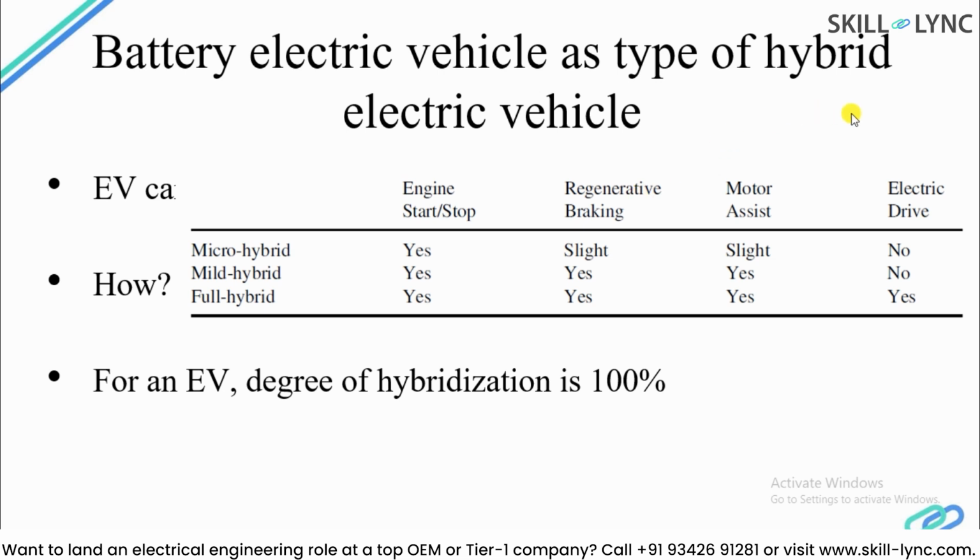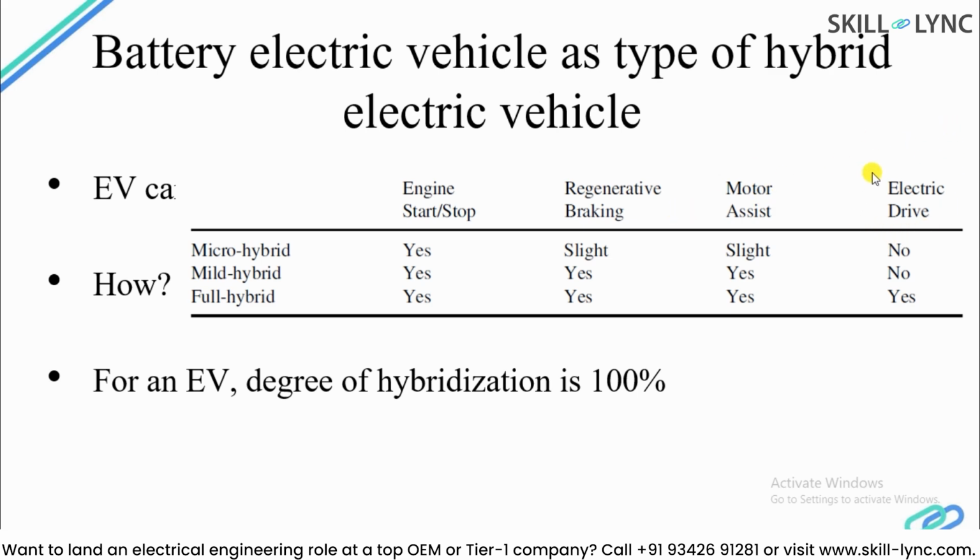The motor assist is related to helping the engine to start, and not only to start but also helping the engine during the initial or low speed operation of the vehicle to achieve higher speed in the first gear. For example, when your vehicle is in the first gear, your motor can not only help to start the engine, but it can also provide power on the shaft such that the vehicle can propel.